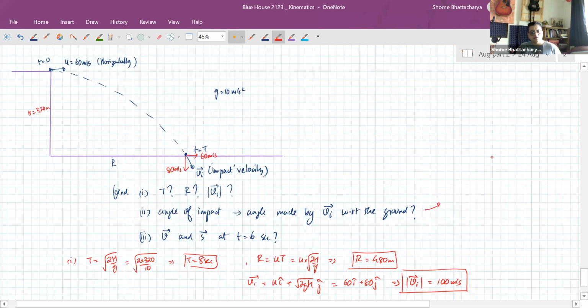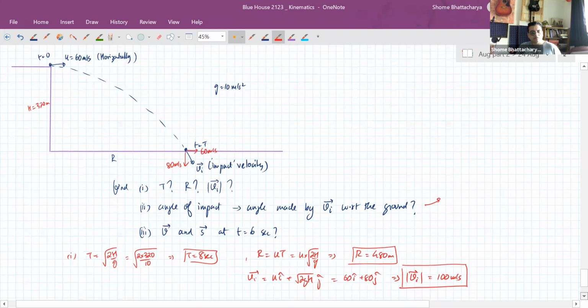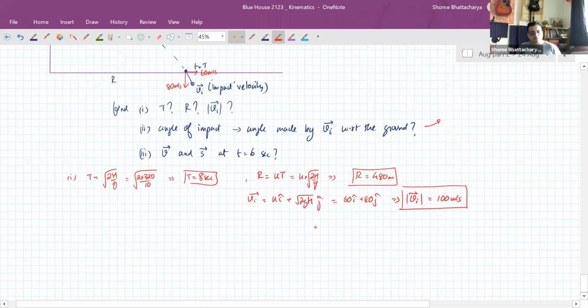So that brings us to the second part of the question. For this part, you can understand that the impact velocity that we've written over here is 60 i cap plus 80 j cap. If we just draw a vector diagram, it makes things much more clear. The horizontal component is 60. The vertical component at the time of impact is 80 downwards.